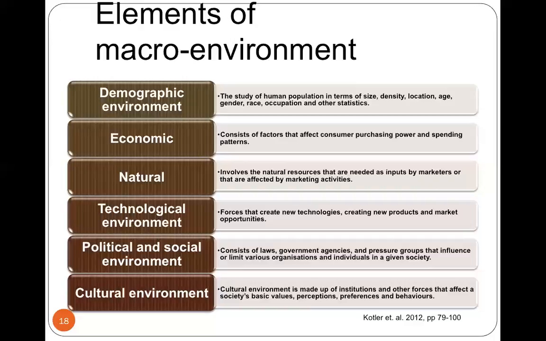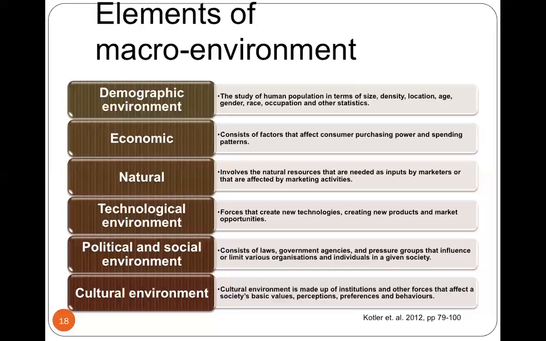Especially a lot of Australians are borrowers, right, through the mortgage system to buy a house, for instance. So the interest rate here will affect our purchase power or spending pattern, right? The GDP, again, the unemployment rates, the consumer confidence, they are part of the economic factors that we need to look at.